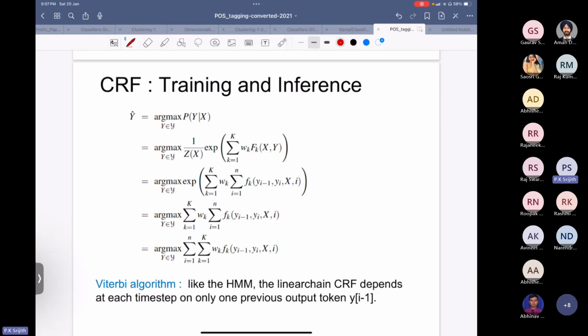So basically, when you want to perform inference, again you may want to perform this argmax operation over p of y given x.